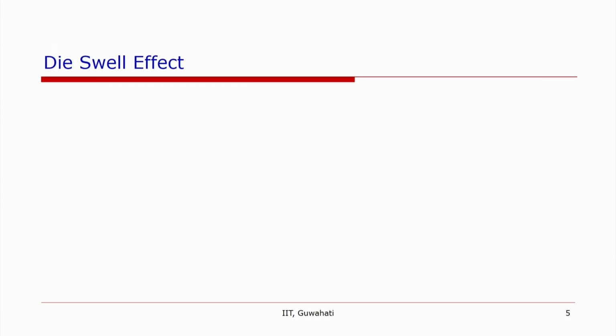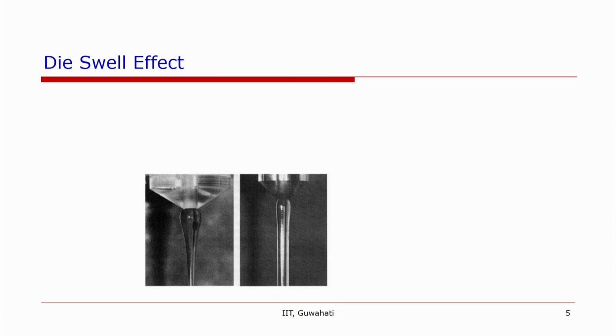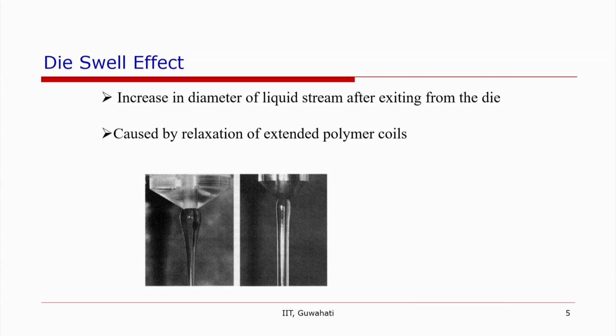Another related and similar effect is called the die swell effect. When a Newtonian fluid comes out of a die, or out of a vessel through a small hole, the diameter of the fluid stream either remains constant or starts decreasing as the velocity of the fluid increases.